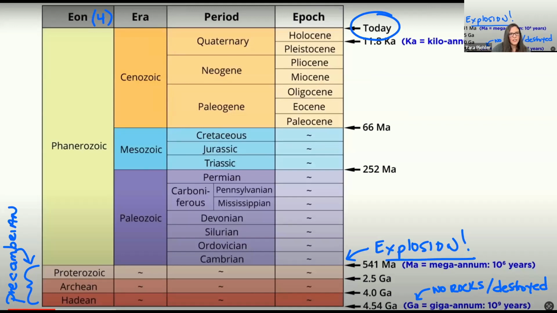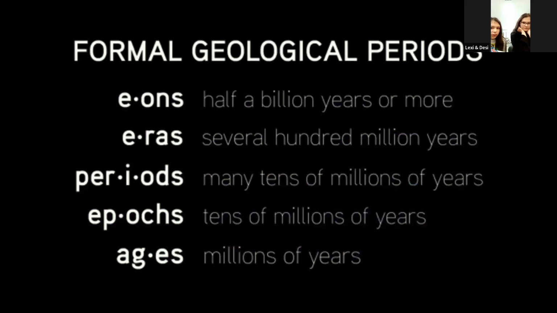Is that an eon, an era, an epoch? Can everybody see that? That's an era. Nope. What's the difference between an era and an epoch? An era is several hundred million years, and an epoch is tens of millions of years.